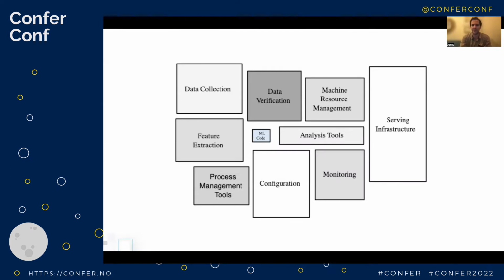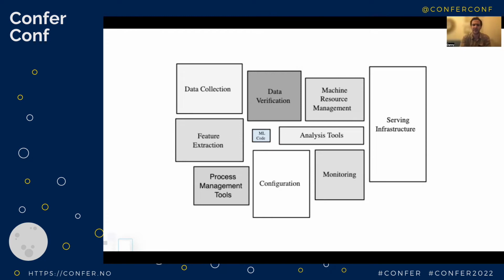Although a lot of conversations historically have been about machine learning models, about the model architecture, about neural networks versus gradient boosted trees and random forests, although a lot of the focus has been on training and deploying a machine learning model, in fact, there's a lot more to a machine learning system than just the model.